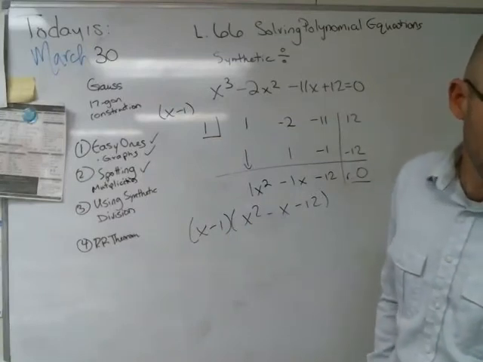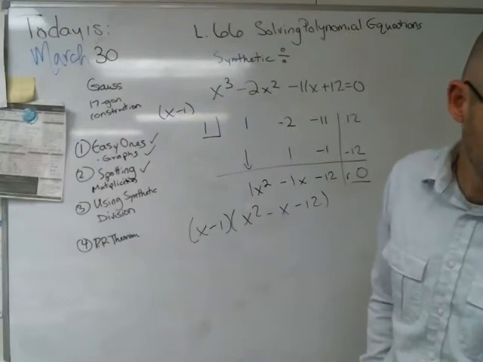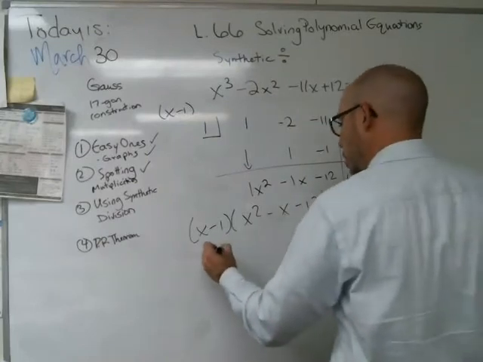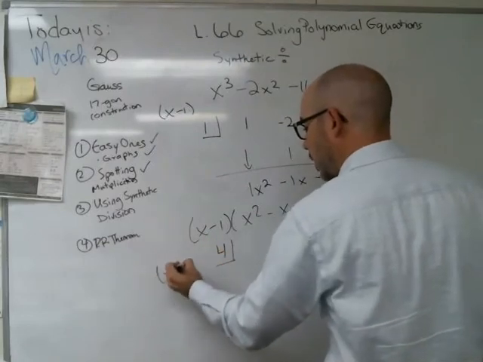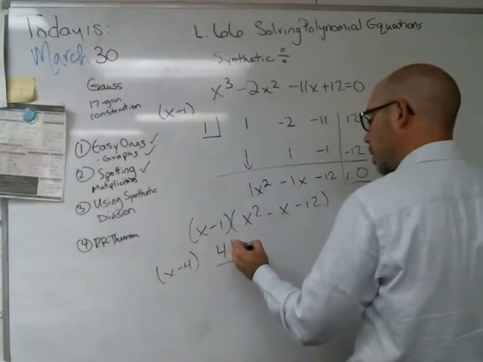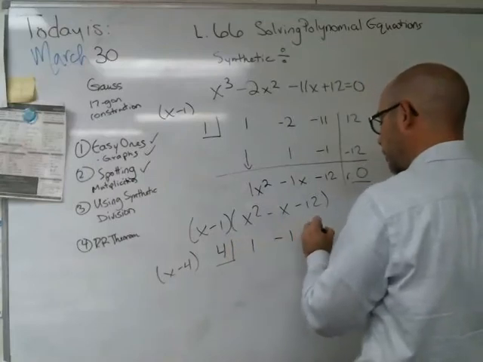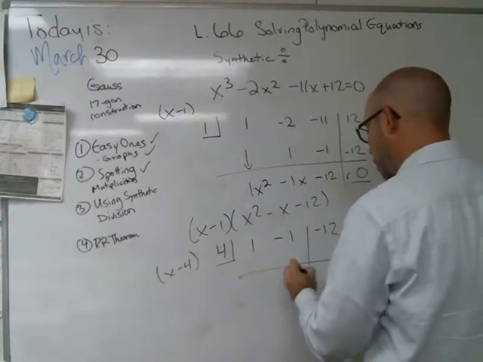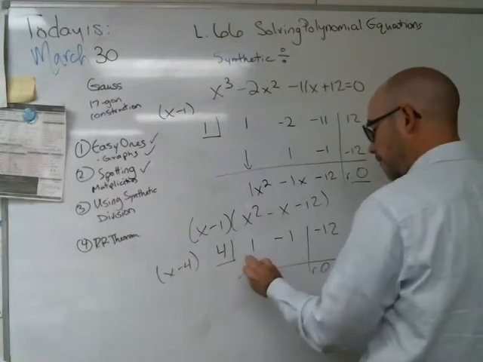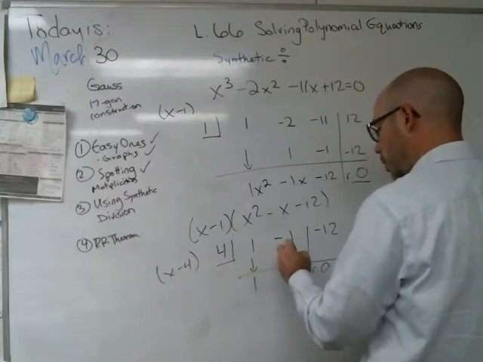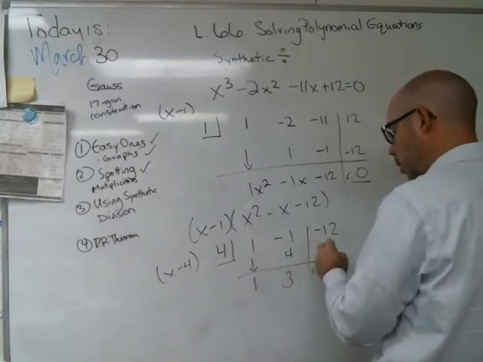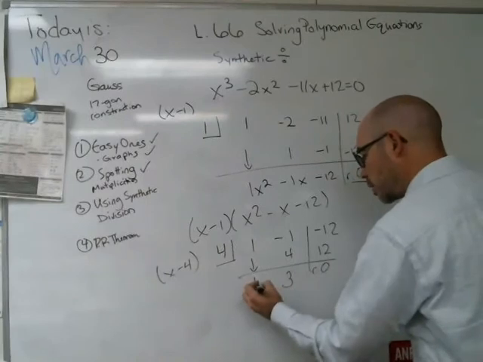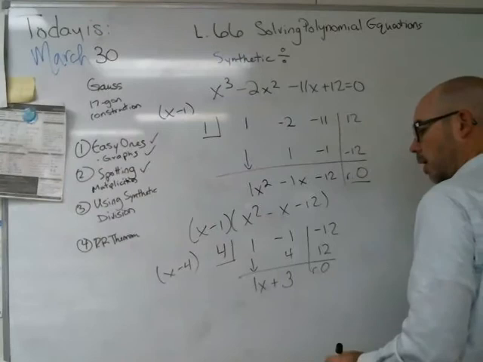But it also looked on my picture like 4 is another zero. So I could just do this and see if x minus 4 is another one of my factors. And I'll just use what's left here. I'm looking for a remainder of 0, right? So I drop down that. I get 3. And lo and behold, there it is again, which leaves me with my last factor, x plus 3.